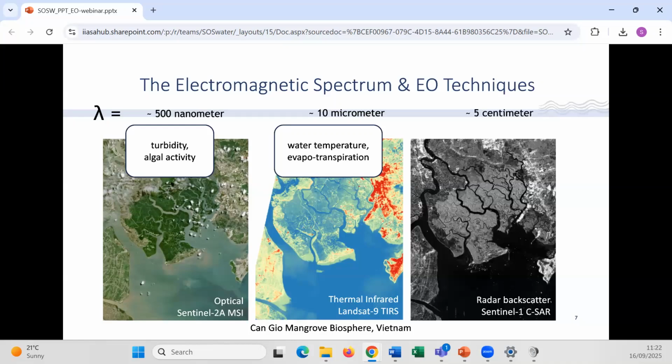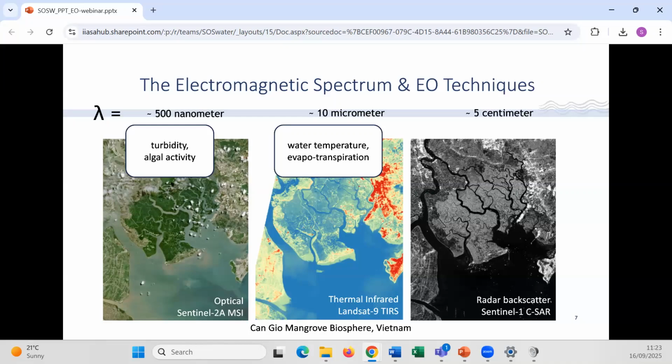And then if we go even higher up at around 5 centimeters, we have the microwave range in the electromagnetic spectrum. Here we can also passively measure the emissivity, or basically the signature of the Earth, but most often these satellites actually use an active system where they shoot down microwave radiation and measure the backscatter from the returning light.